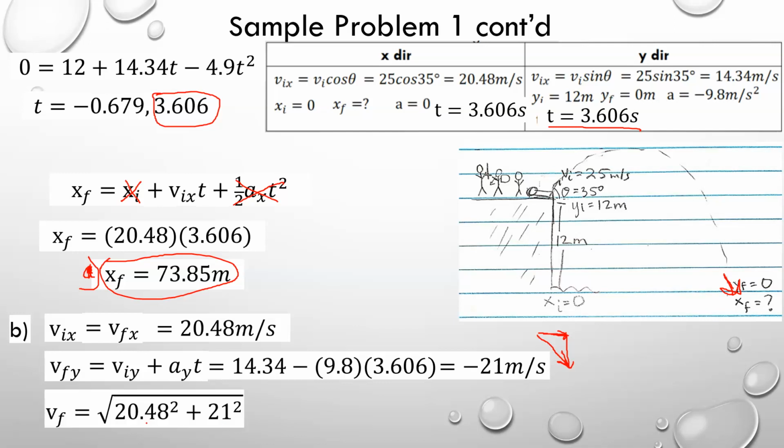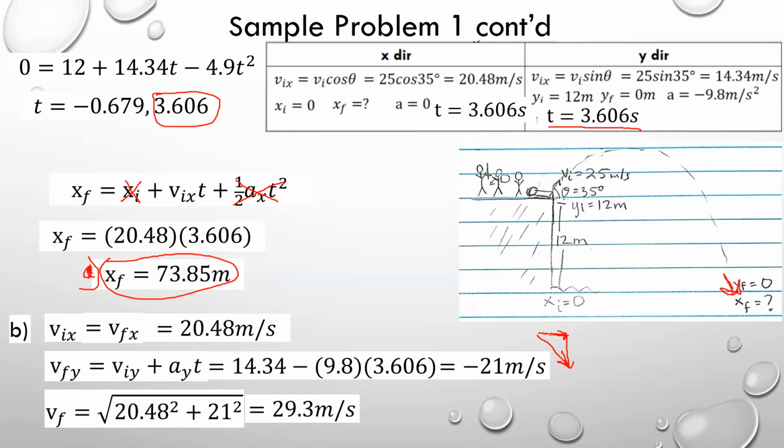So it's going to be the velocity in the x direction squared plus the velocity in the y direction squared, all in a square root sign. Remember, this does not need to be negative, because when you square it, it'll just become a positive. And the velocity you get will be 29.3 meters per second.